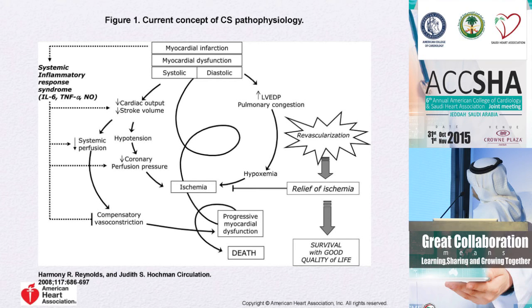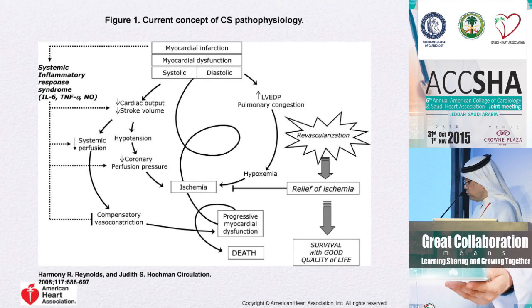The worst part of this circle is this one, which we don't really see and most of us do not measure: the inflammatory markers and the systemic inflammation that come with cardiogenic shock. If you reach this stage with profound systemic inflammation, it's maybe too late.